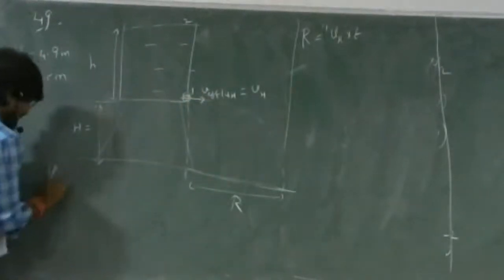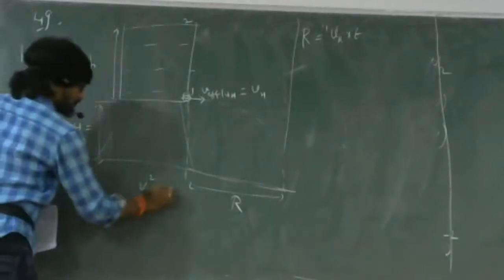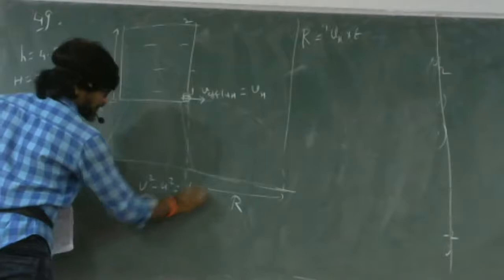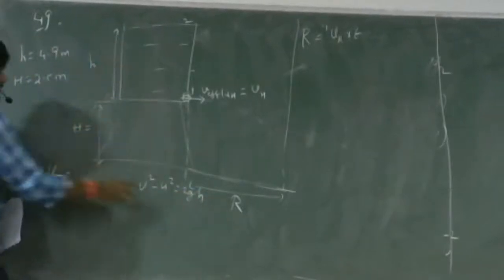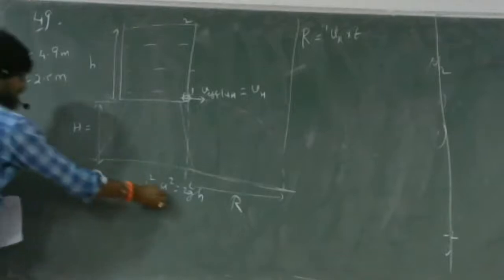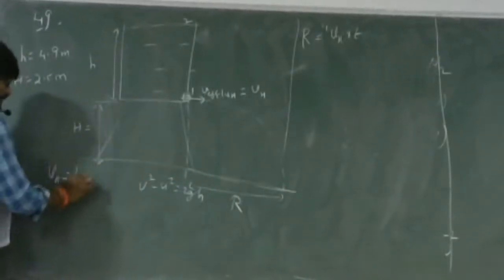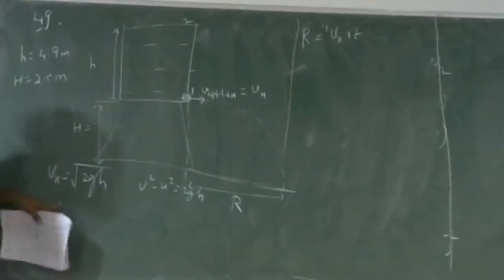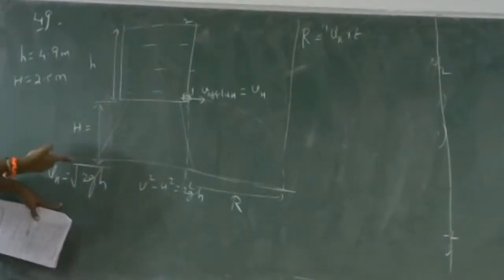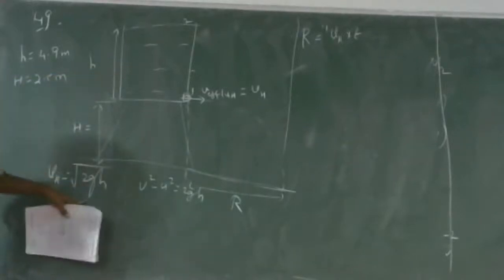V square minus U square is equal to 2AS, or 2GH, where H is this. Here G is down, H is also down, both are positive, and U is 0. So Vx square equals 2GH, and Vx is equal to square root of 2GH. Is it clear? The velocity of efflux is square root of 2GH.